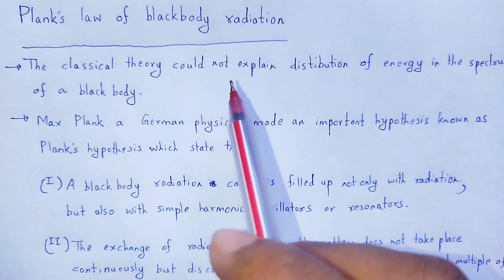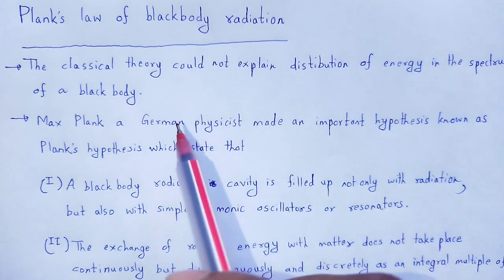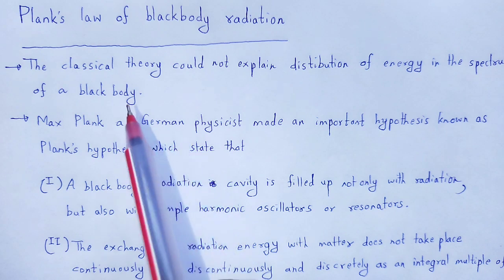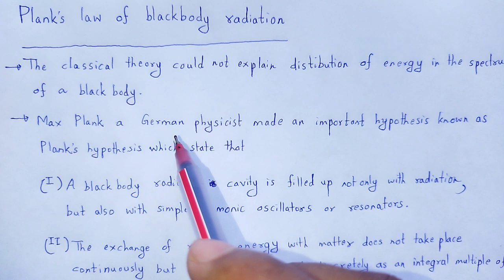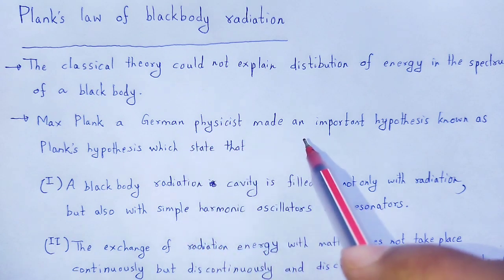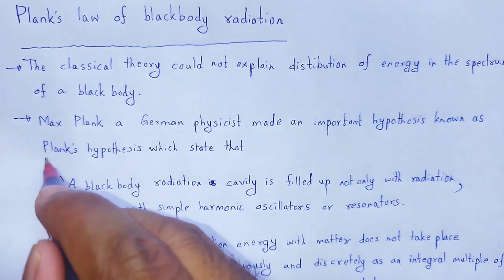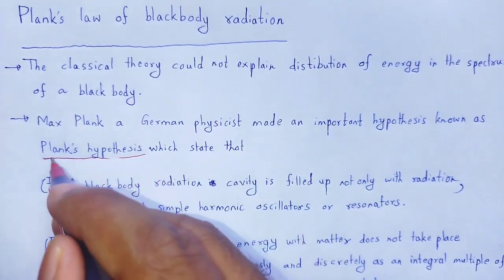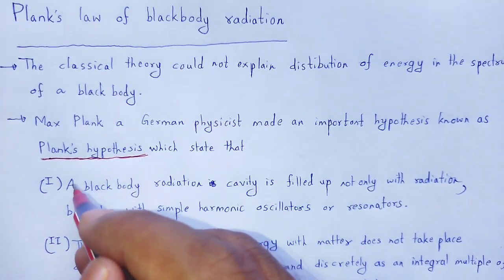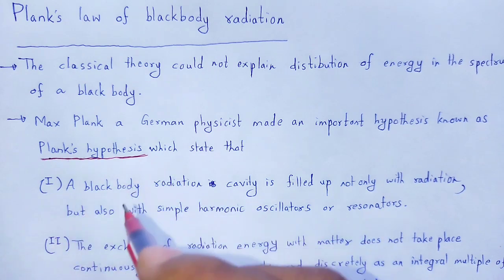The classical theory could not explain the distribution of energy in the spectrum of a blackbody. In order to avoid such difficulties, Max Planck, a German theoretical physicist, made an important hypothesis which is known as Planck's hypothesis. What are the hypotheses proposed by Max Planck?